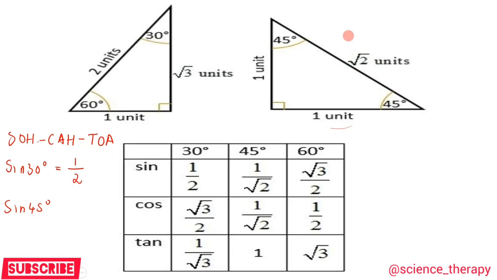So your sine 45 degrees would have 1 over root 2. But remember, if you punch this into your calculator, it will give you root 2 over 2. Now, if you write this one, it would straight out tell the marker that you used the calculator.